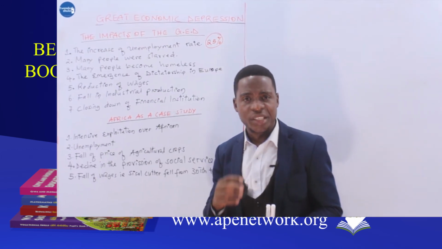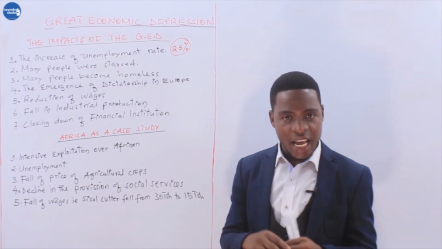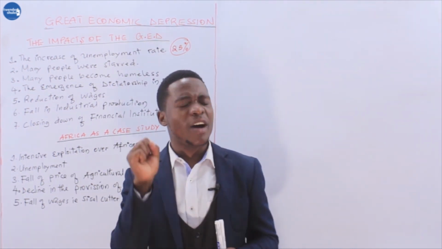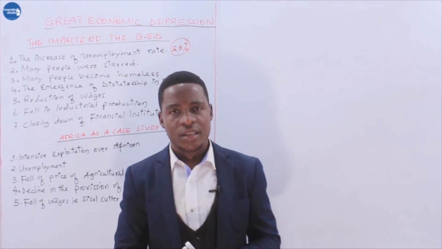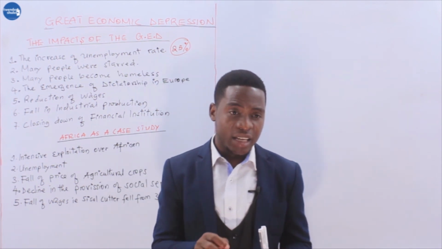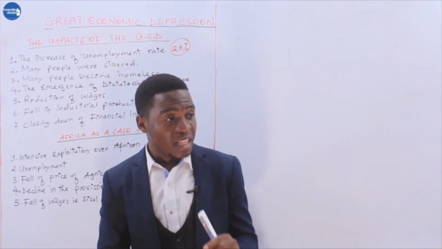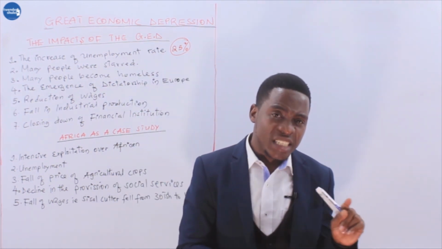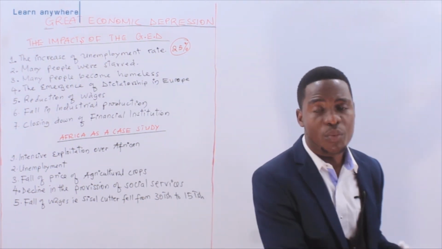For instance, in the USA, from 1933, when Franklin Delano Roosevelt came into power, he announced a five-day banking holiday. Then they enacted the Banking Emergency Act, whereby government officials were allowed to investigate whether financial institutions like banks were sound to operate.